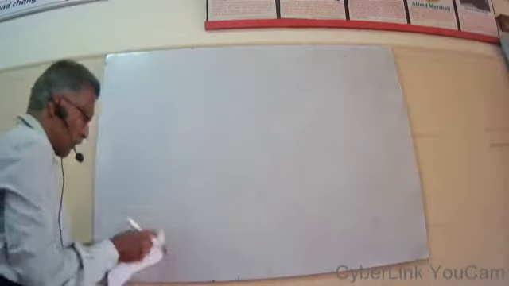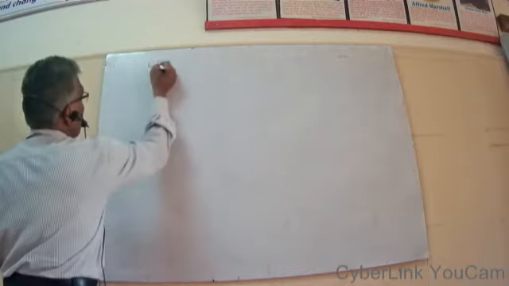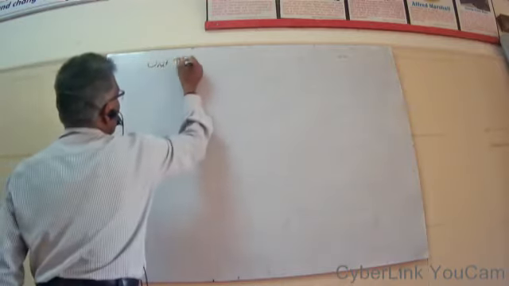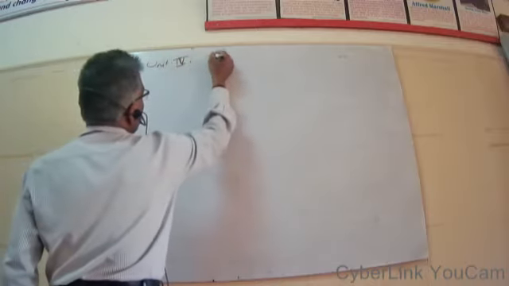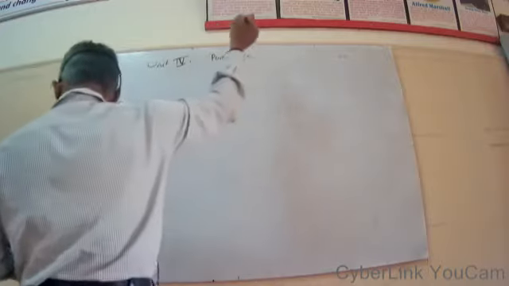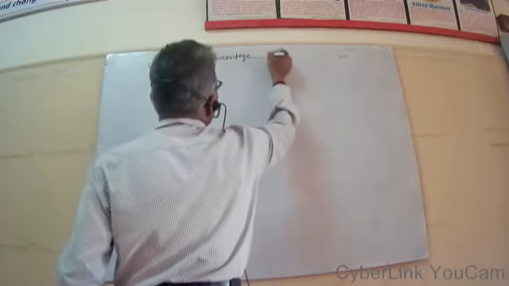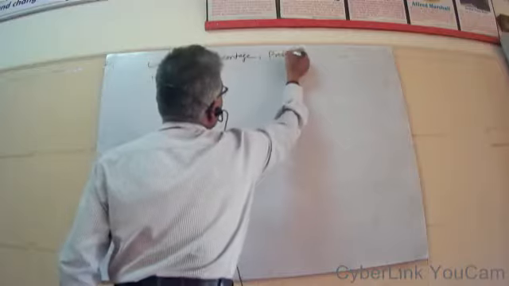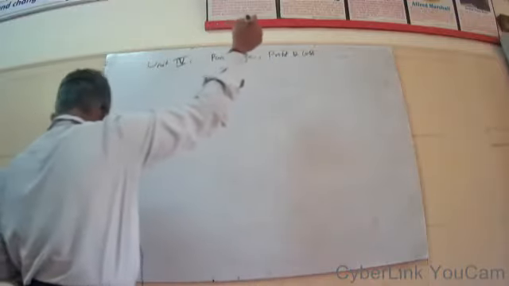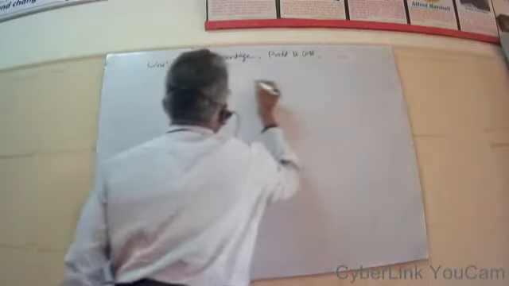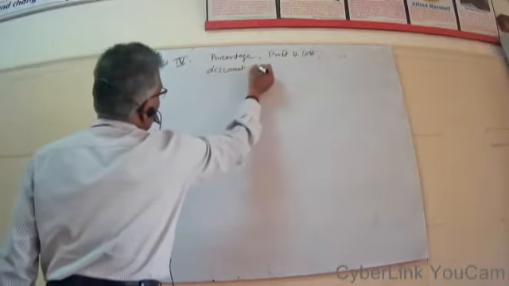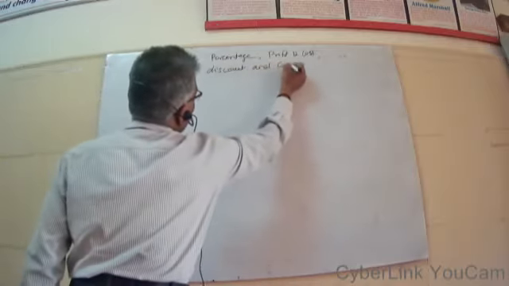On the next unit I will write unit 4: percentage, profit and loss, discount and commission.